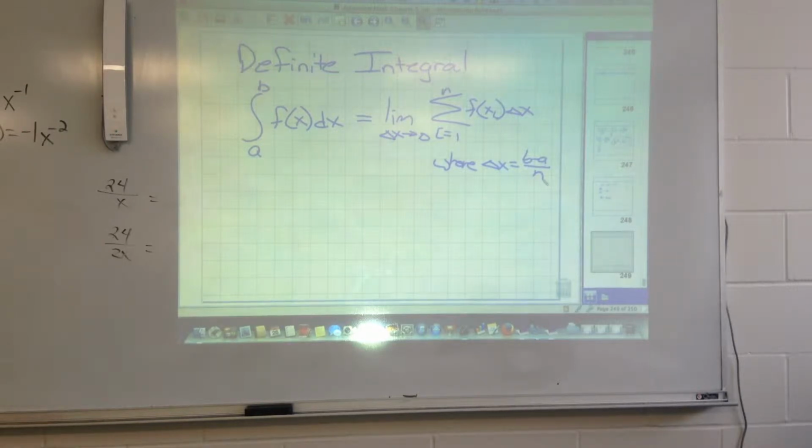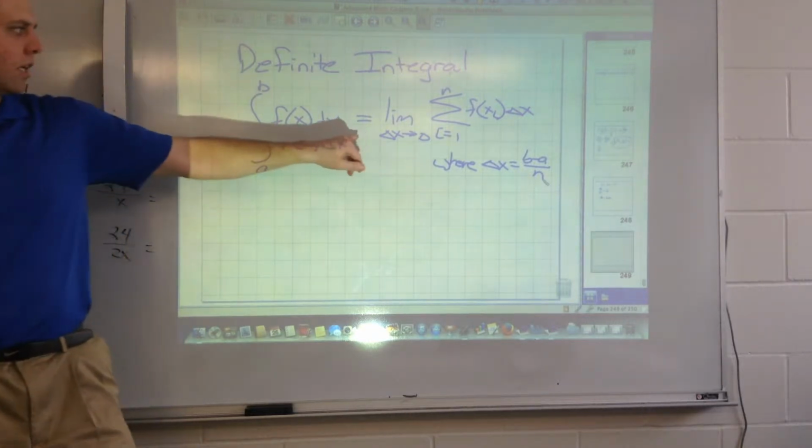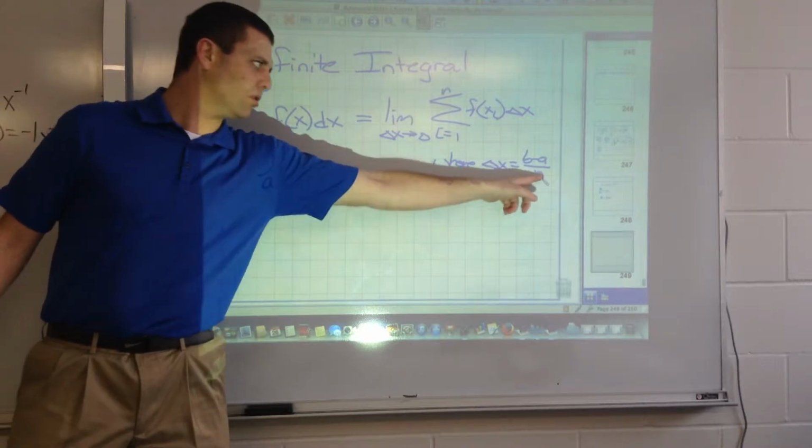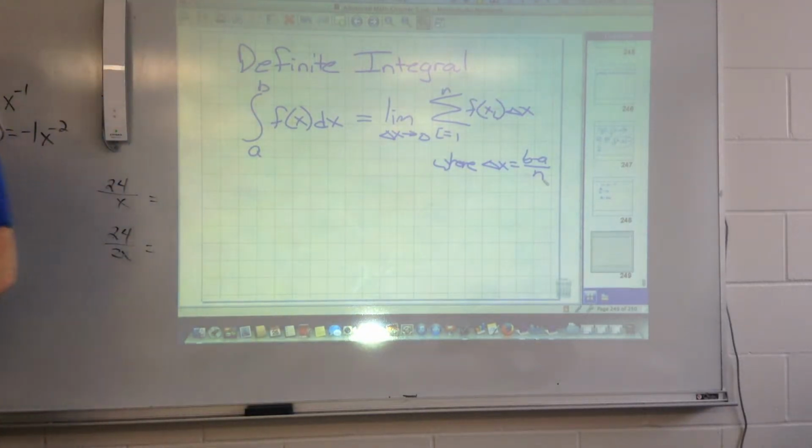Very similar way of writing the Riemann sums that we've done in the past. The difference was as n goes to infinity, but this would be as delta x goes to 0. Well, delta x would be approaching 0 if n was going towards infinity, so it's kind of saying the same thing.